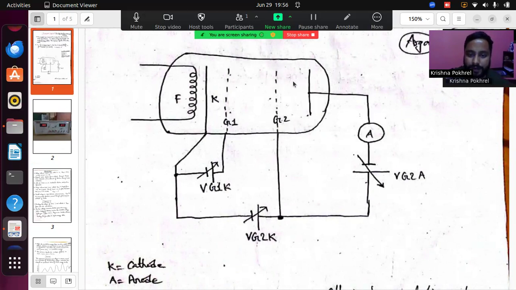The voltage supplied between the G2 grid and the anode is VG2A. Similarly, this is the voltage between the G2 grid and cathode K, VG2K, and the voltage between the G1 grid and cathode K. That is the experiment diagram, just the diagram.